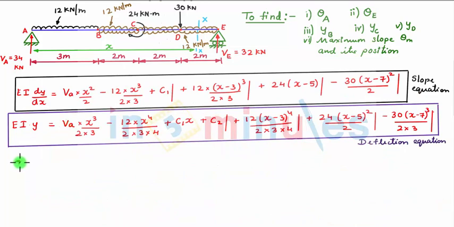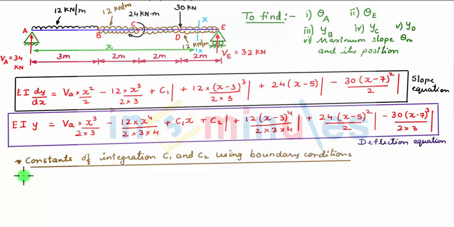Our next step is to find out the constants of integration, that is C1 and C2, using boundary conditions. We apply the first boundary condition, which is at point A. At point A your deflection is 0 since it is a hinge support. So I can write at x equal to 0, YA or deflection at A equal to 0.